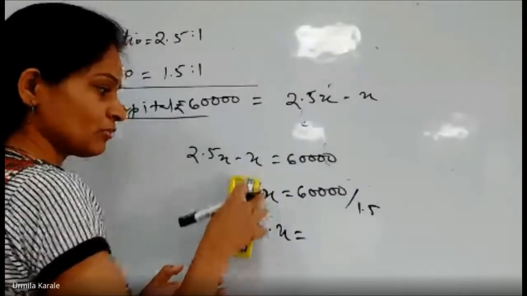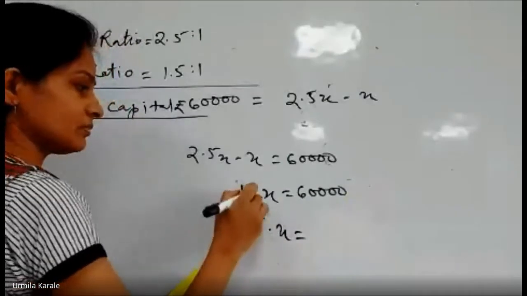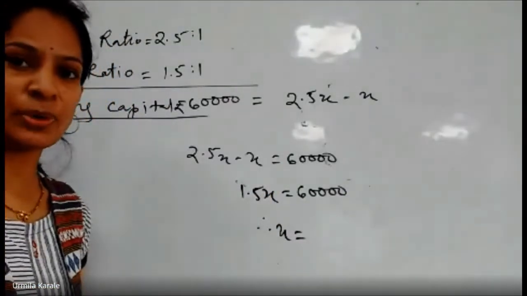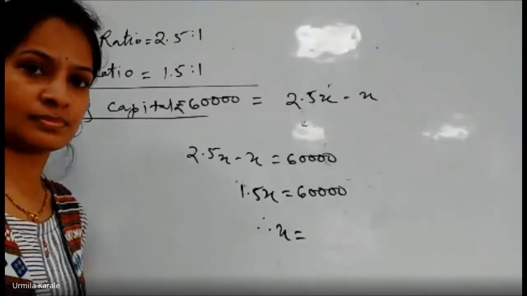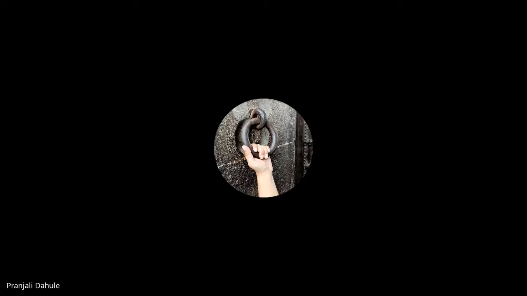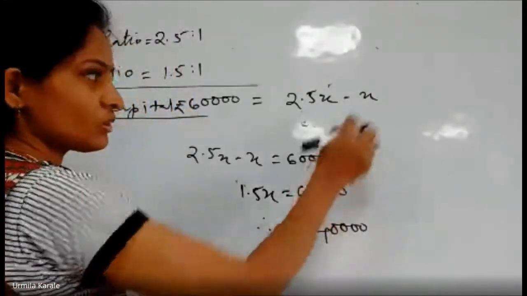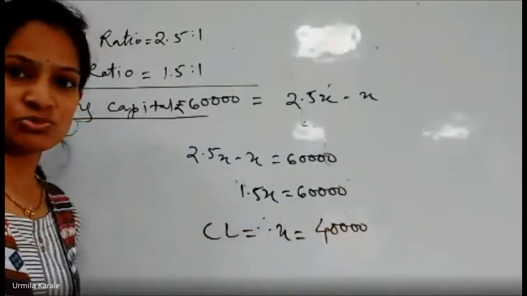So tell me how much it is. x equals to 60,000 divided by 1.5. 40,000. 40,000, very good. Now what was x? x was the current liability. It means your current liability comes to 40,000.